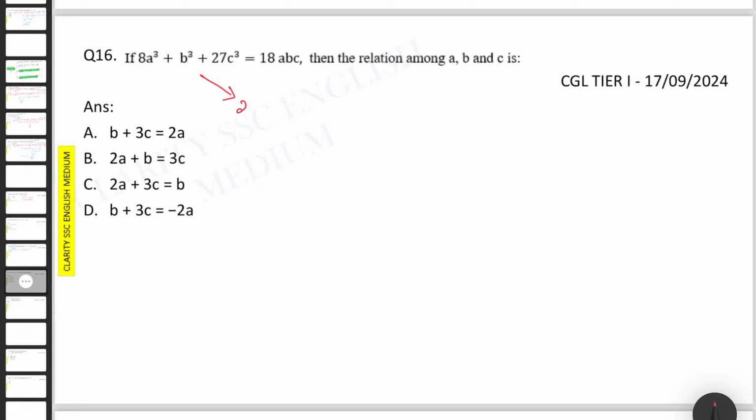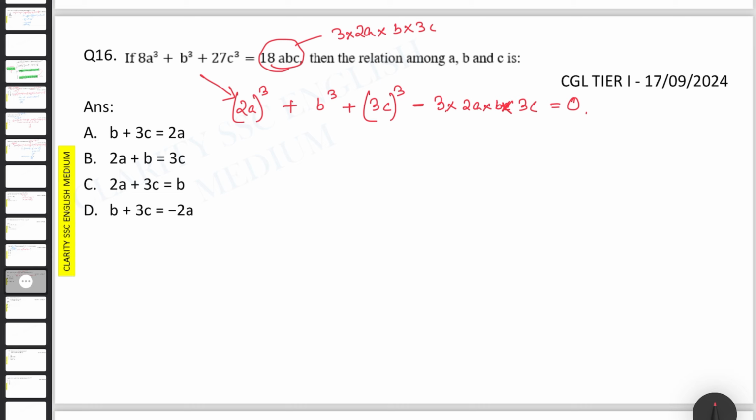We can write this expression in the form of twice a whole cube plus b cube plus 3c whole cube minus thrice 18abc, which can be written as thrice 2a into b into 3c. 18abc can be written in the form of 3 into 2a into b into 3c is equal to 0.